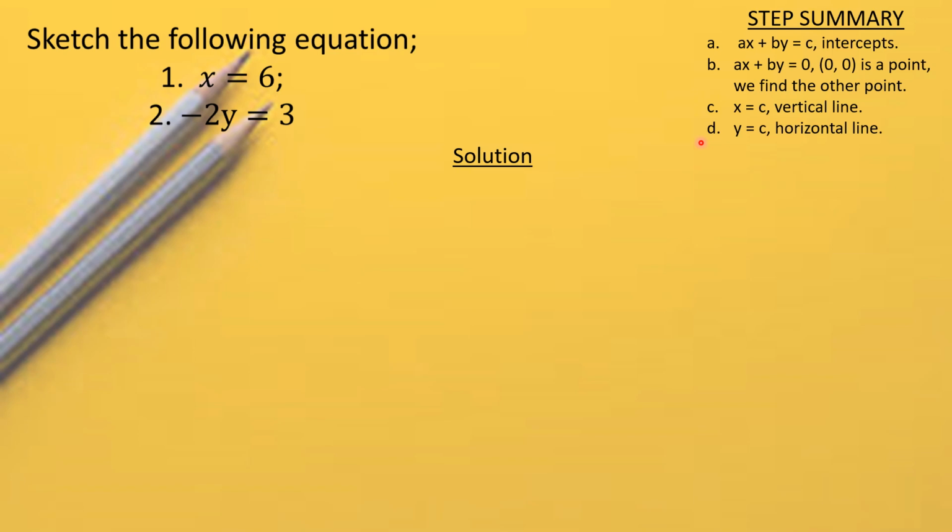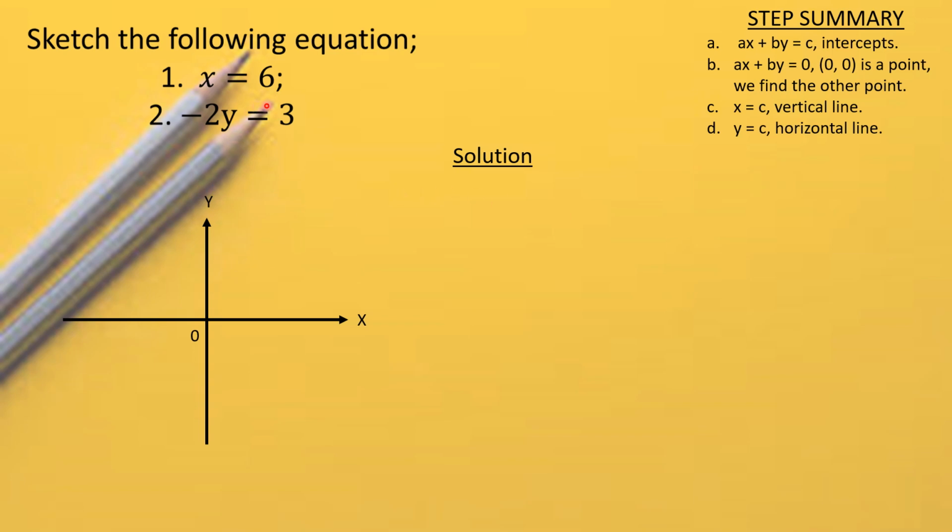Moving forward, the first part here, x equals 6, takes the form of x equals c, which says that we are drawing a vertical line. Firstly, let's draw our x-axis and our y-axis, where they meet is the origin. Where can we find x equals 6?